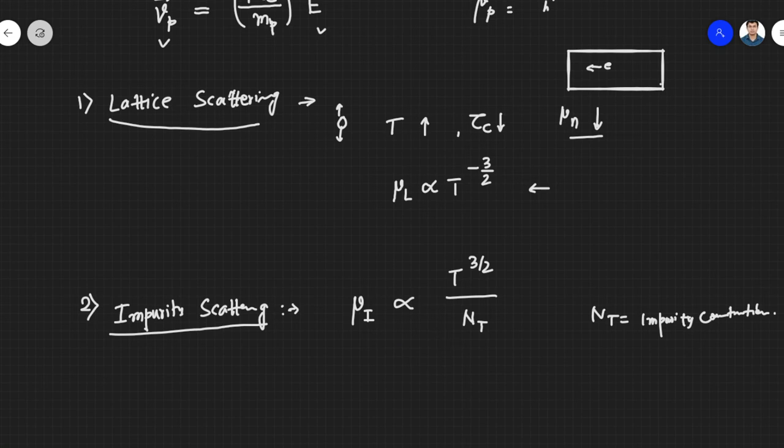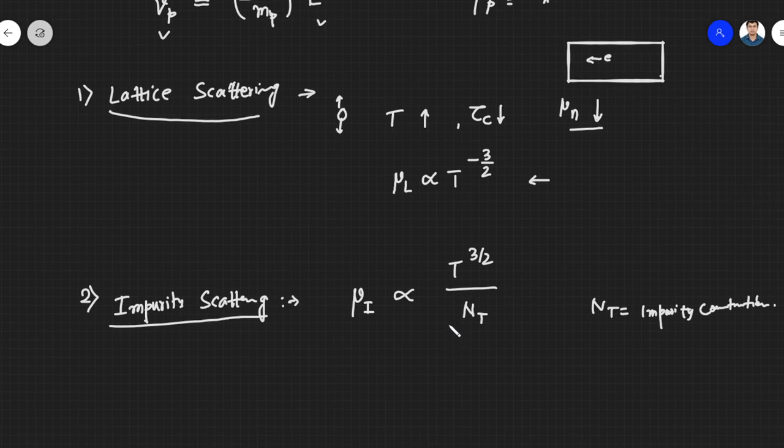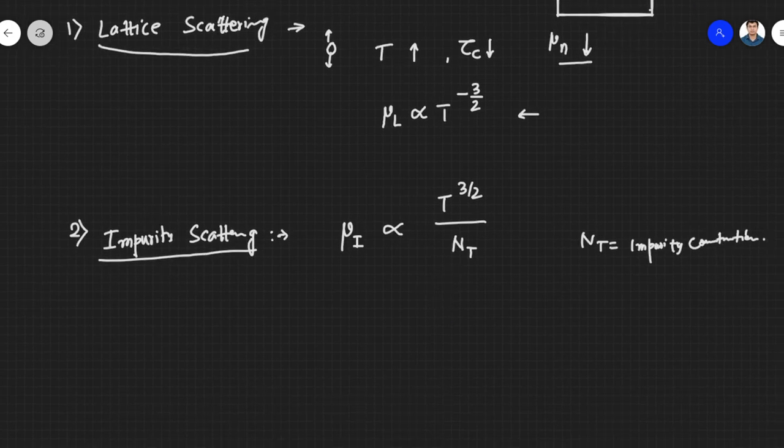Okay, so why in the case of impurity does the mobility increase with temperature? Let's try to understand this concept. The impurity scattering comes because of the presence of different impurity atoms, right? At room temperature, we know most of the impurity atoms will be ionized. So they are basically impurity ions in the lattice or crystal system.